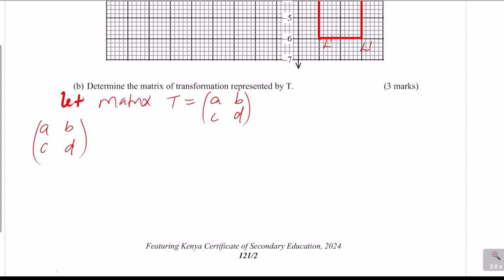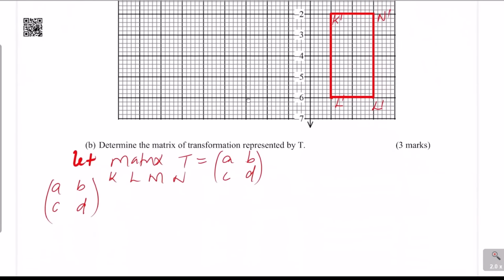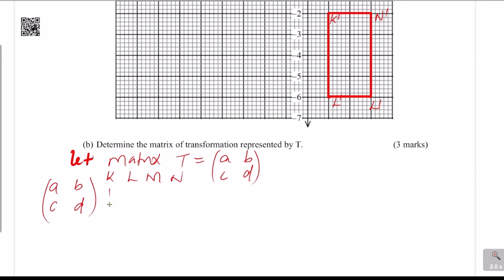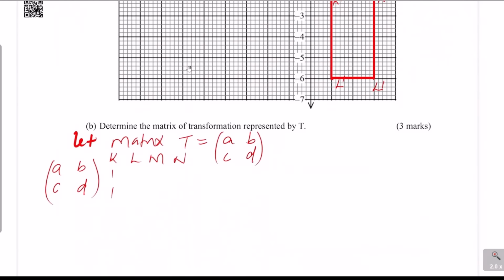So pre-multiply the object, which is K, L, M, N, with the matrix ABCD, which is T. K is (1, 1), so 1 1, and then you have 1 3, 3 3.